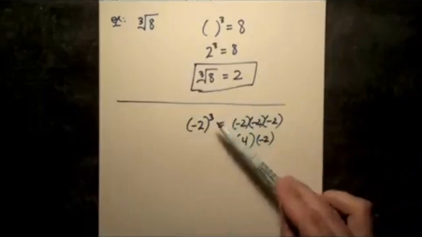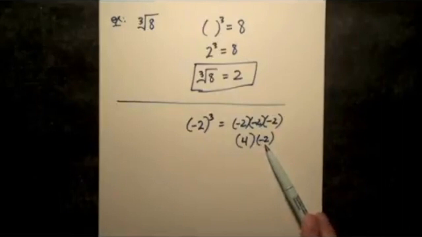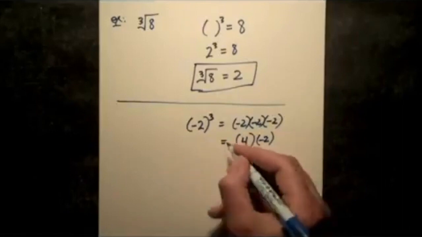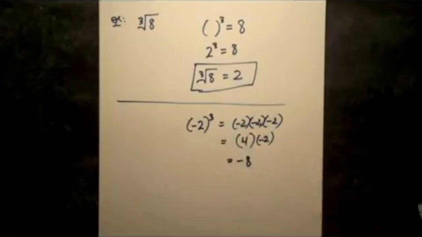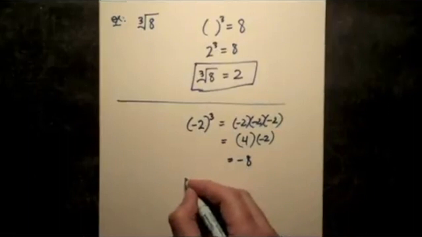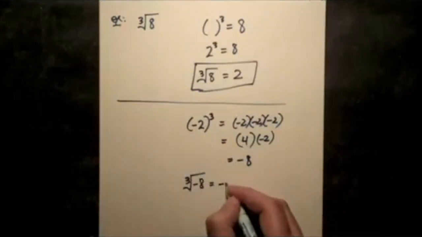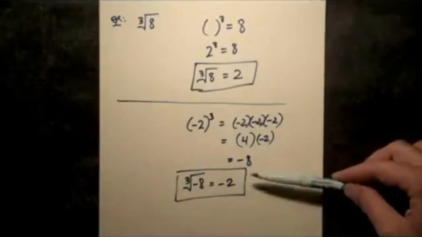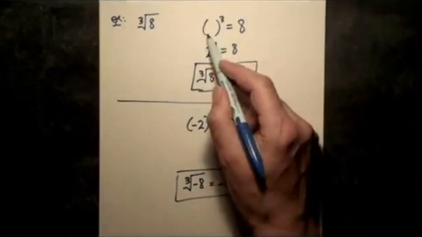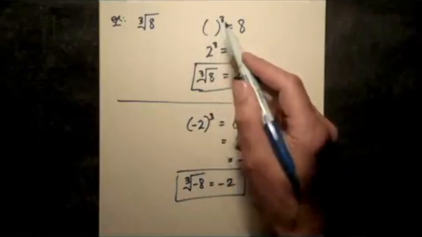But whenever you take an odd power of a negative number, you will always have one negative factor left. So negative 2 to the third power is negative 8. And that tells us that the cube root of negative 8 is equal to negative 2. And it at least kind of demonstrates that we're not going to find any other factors here that are going to work because it's an odd exponent.